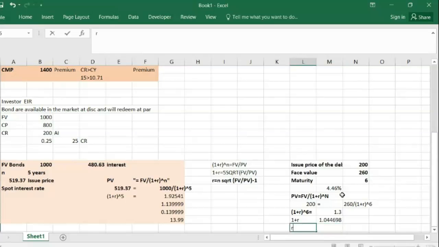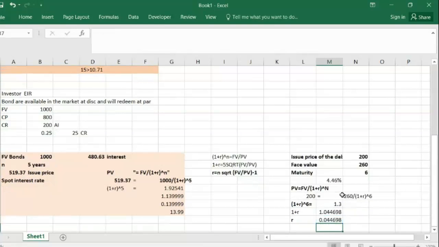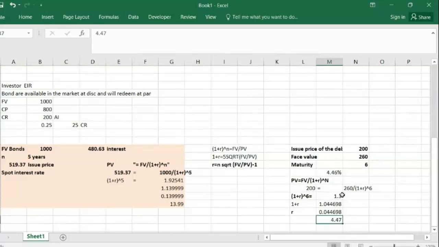So r is equal to 1.0446 minus 1, which is 0.0446. It means what exactly? 4.47 percent. 4.47 percent is the interest rate, which we call the spot rate.